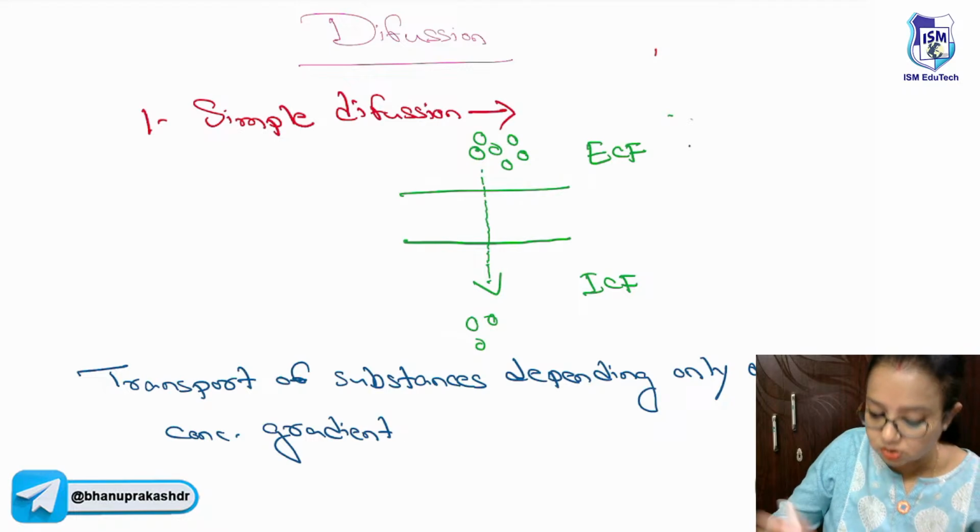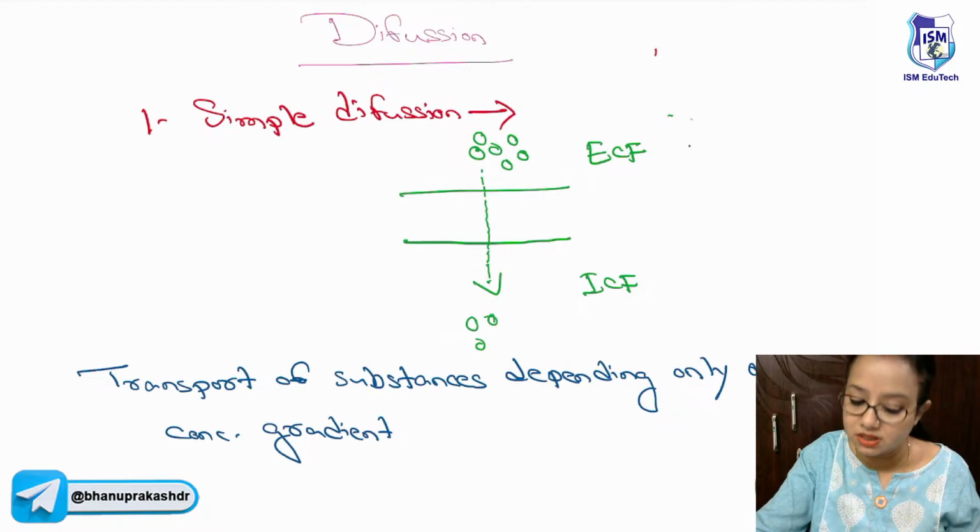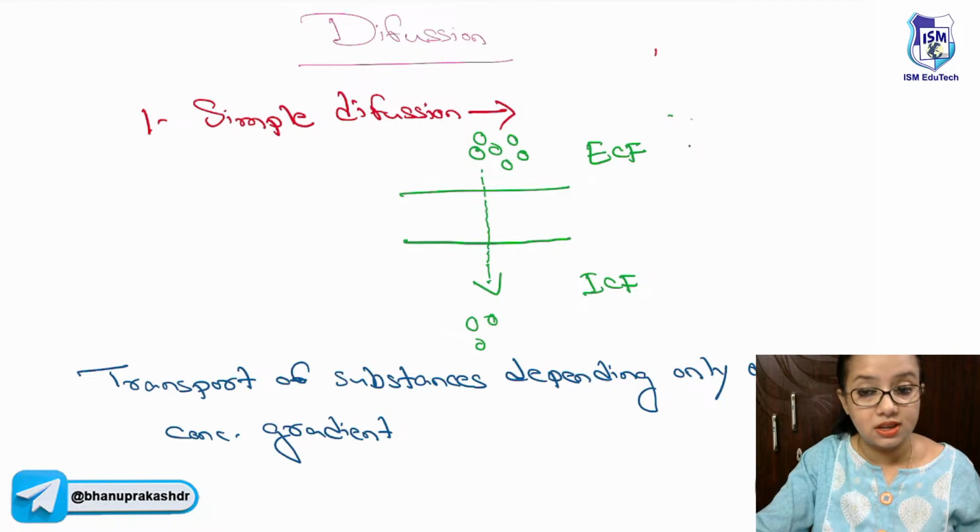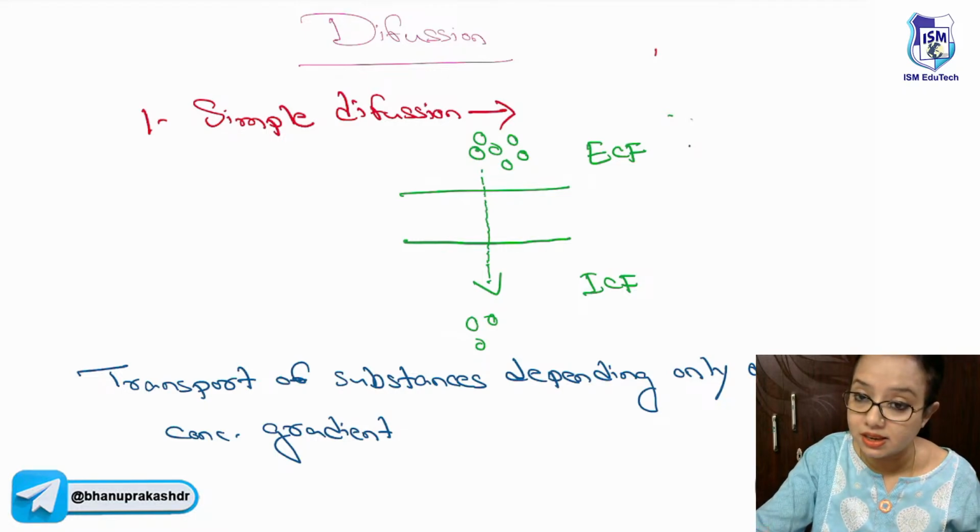Okay, this is called the simple diffusion. Here you see there is no need for any energy in any form. There is also no usage of any carrier protein. This is the simple diffusion.